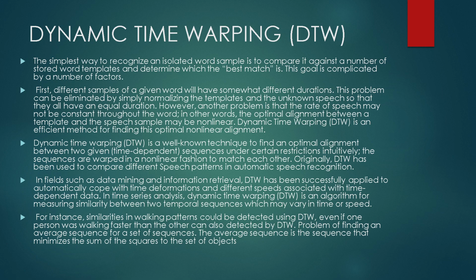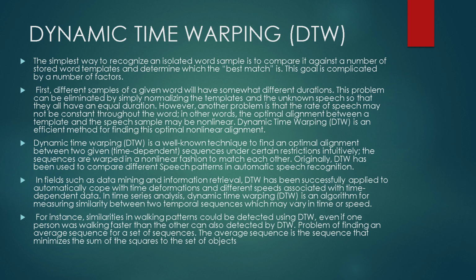Dynamic time warping is a well-known technique to find an optimal alignment. In fields such as data mining and information retrieval, DTW has been successfully applied to automatically cope with time deformations and different speeds associated with time-dependent data. In time series analysis, dynamic time warping is an algorithm for measuring similarity between two temporal sequences which may vary in time or speed.